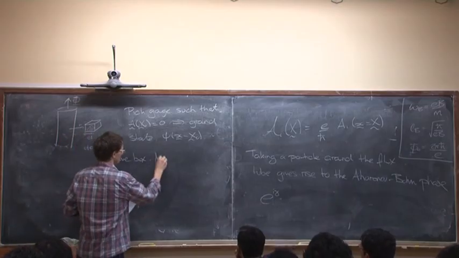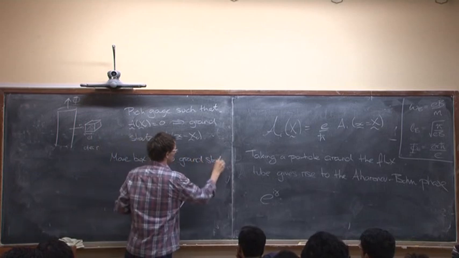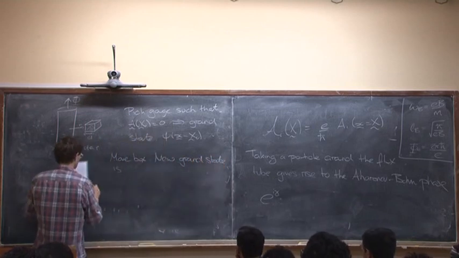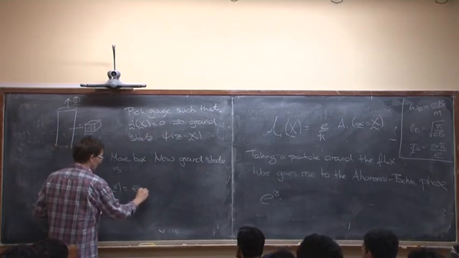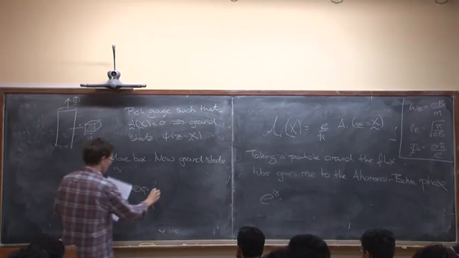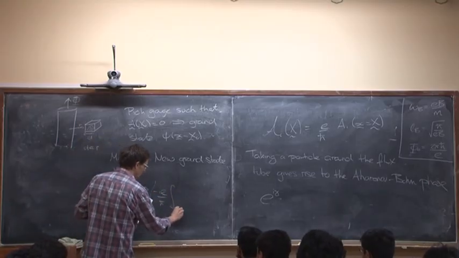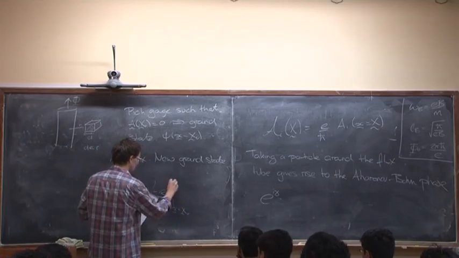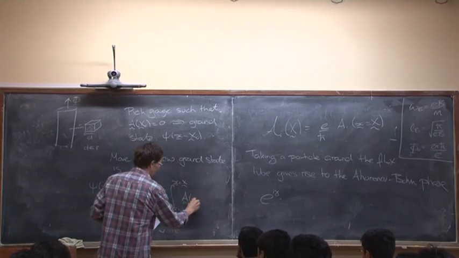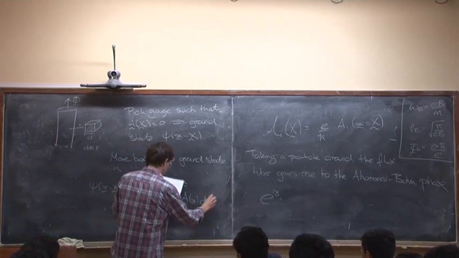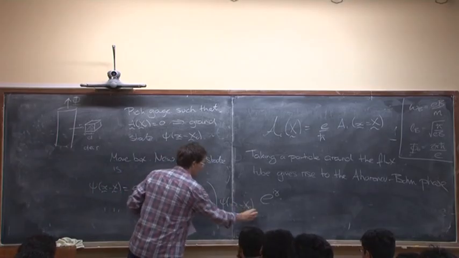So the new ground state for this Hamiltonian you can show is e to the minus i e over h bar, integral from x equals 0 to x equals u x, A of x, times psi of x minus x.